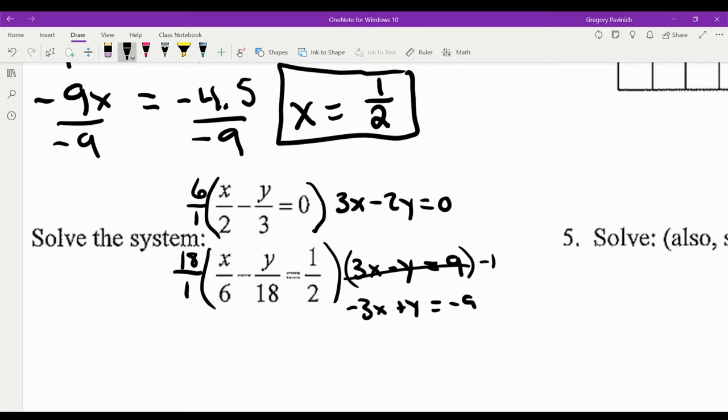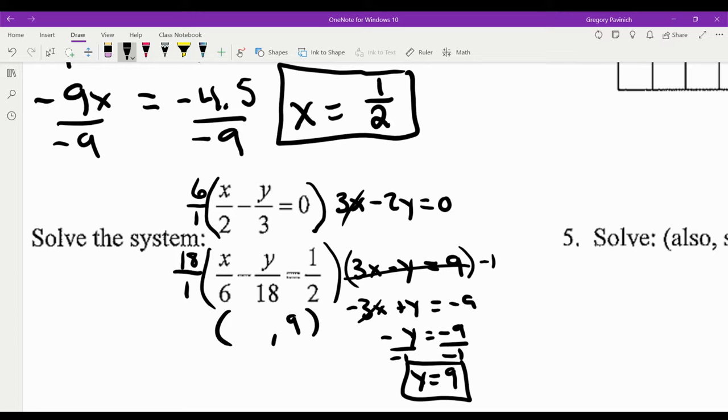And so now I'm going to add these two equations down. My x's cancel. I get negative y is equal to negative 9 divided by negative 1. Y is 9. So I'm going to write 9. This is where substitution's a little bit better, is when you go back to plug it back in, you already have the variable that you want on the second one isolated, not with elimination.